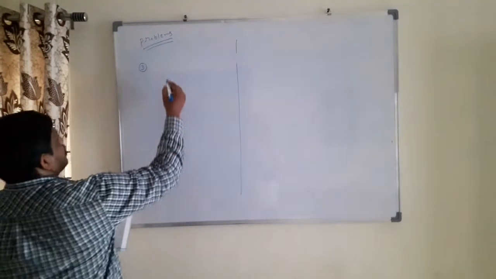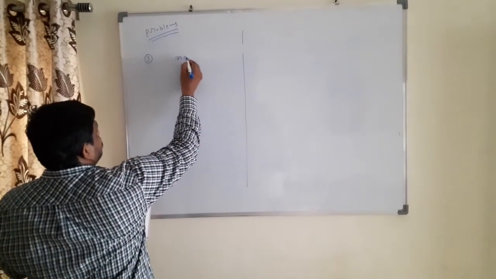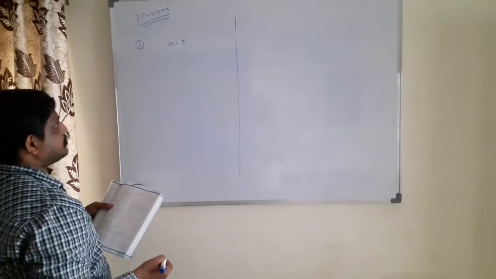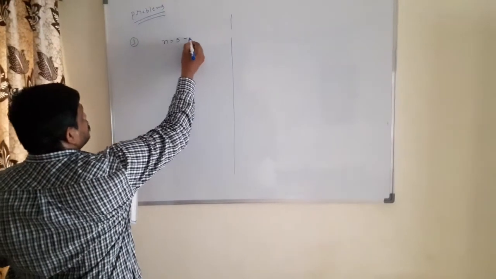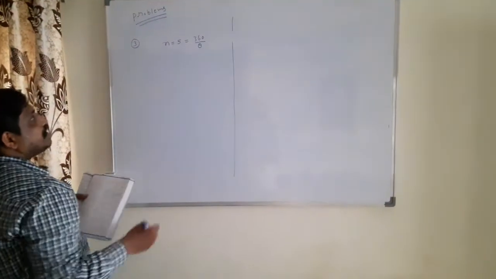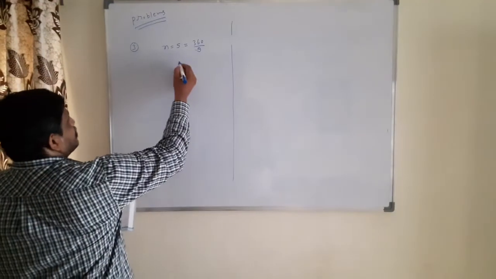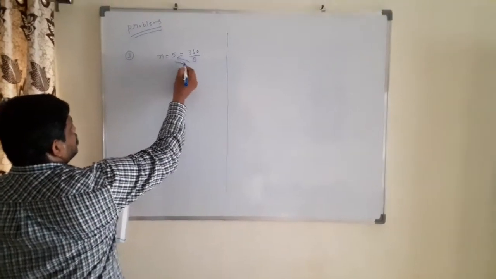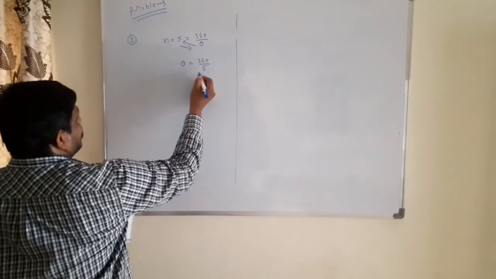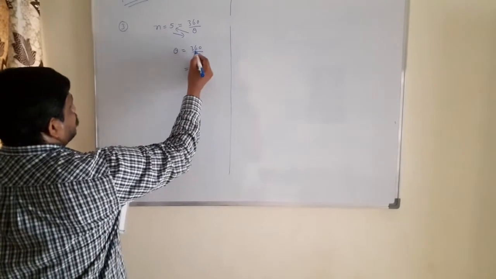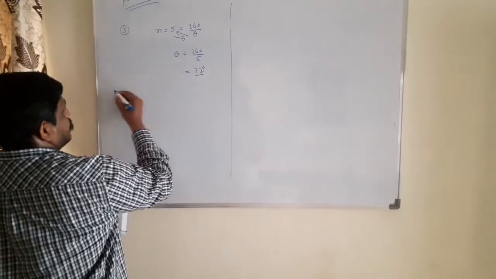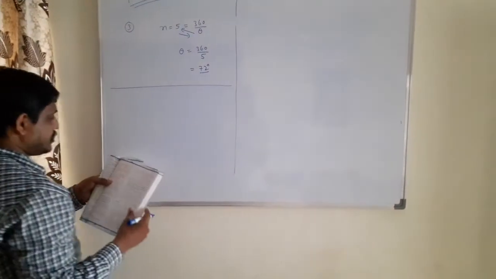In this question, the number of images is given as 5. The number of images formula is 360 by theta. Here, what is the theta value? Theta is 360 by 5, which is 72 degrees.